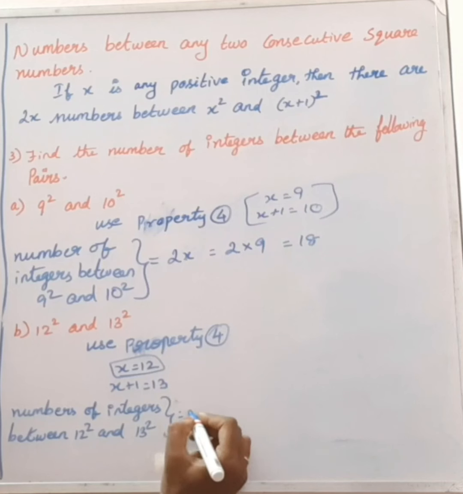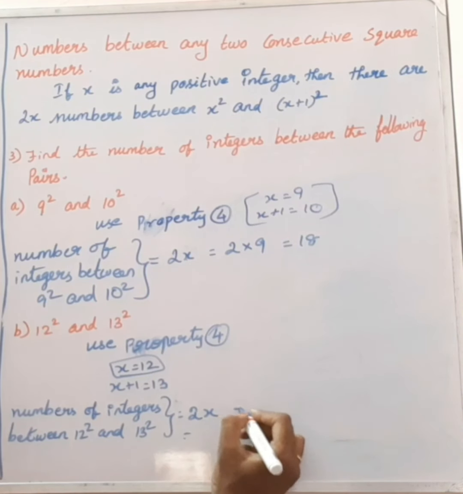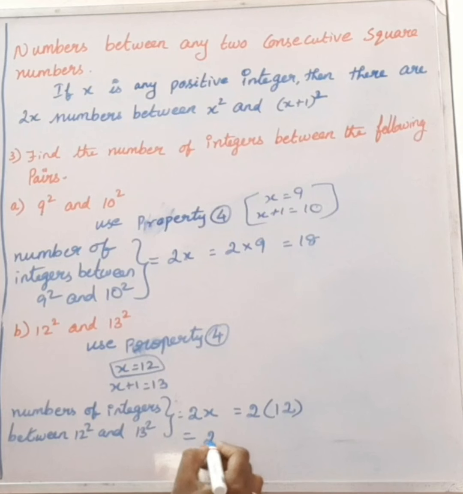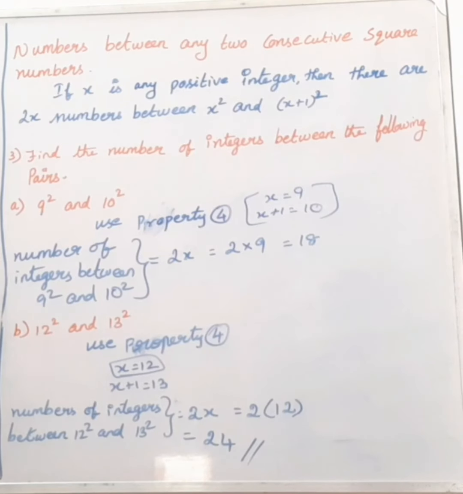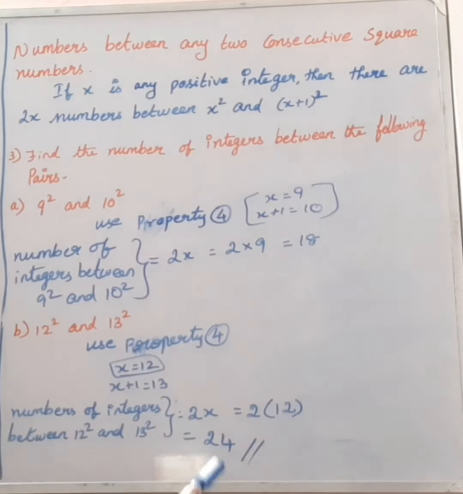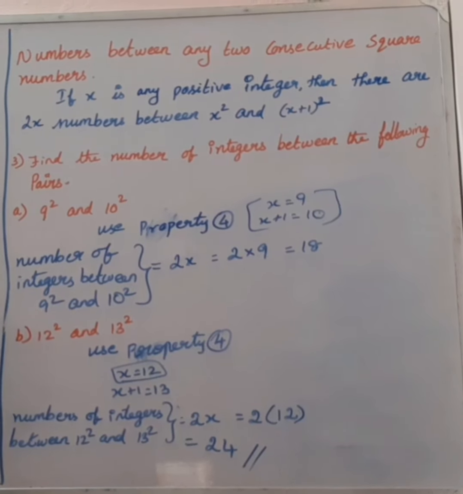It is 12. So 2x is the formula. Applying, we get 2 into 12. So 2 twelves are 24. So we get the answer as 24. So in between 12 square and 13 square, we have 24 integers. Shall we move on to the next?